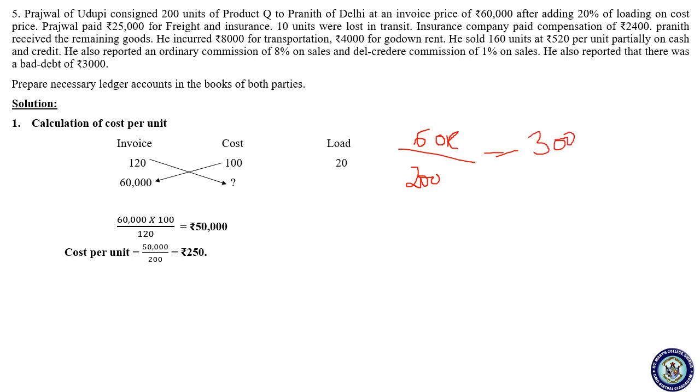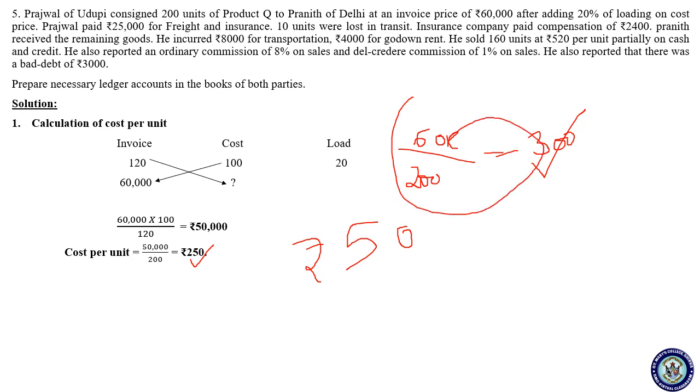See, my cost is 250 and the invoice price per unit is 300. So the difference, 50 rupees, that is load price. Okay, so you got the cost, and if you want, you can take down the invoice price per unit. Then you got the load price.